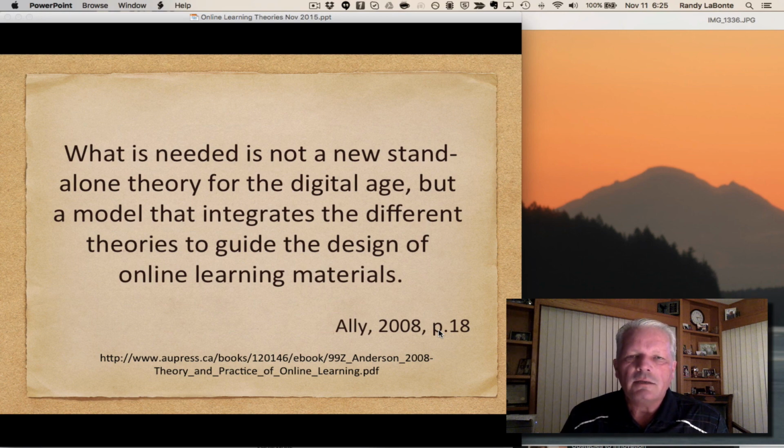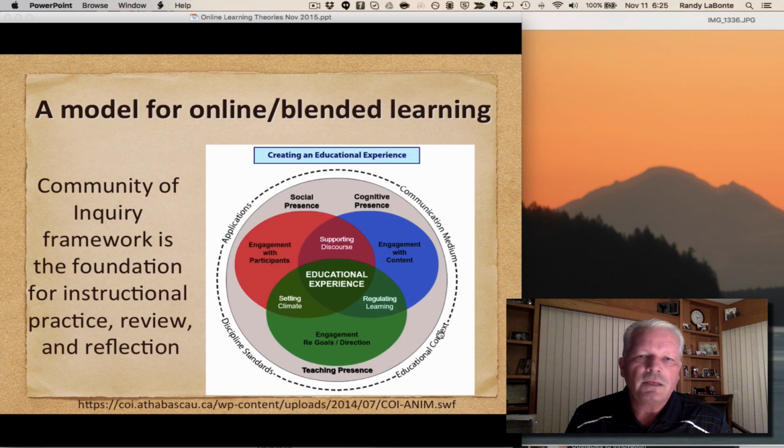So to me, it's really about purposeful design that allows us to engage student to student, student to teacher, and student to content interactions. And a theory doesn't necessarily capture that, because when we bring technology into the equation, that sometimes confuses and moves us off of theory.